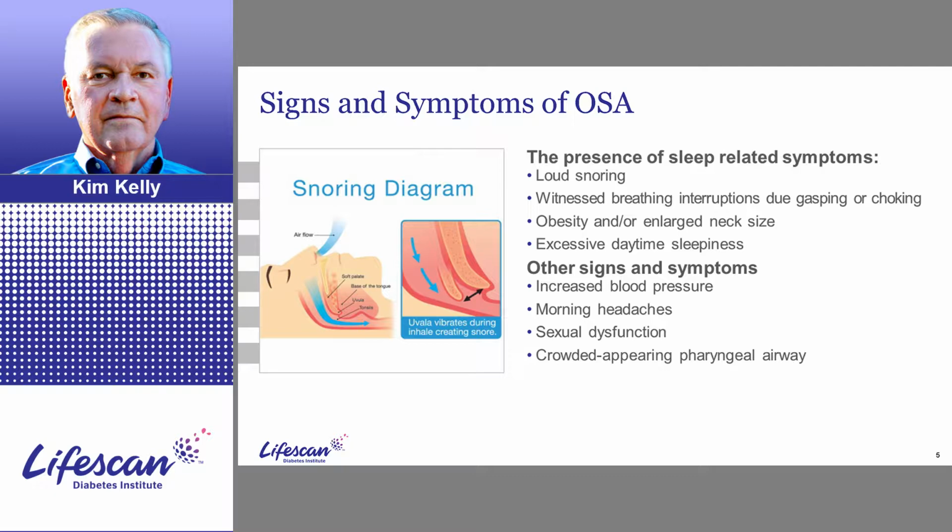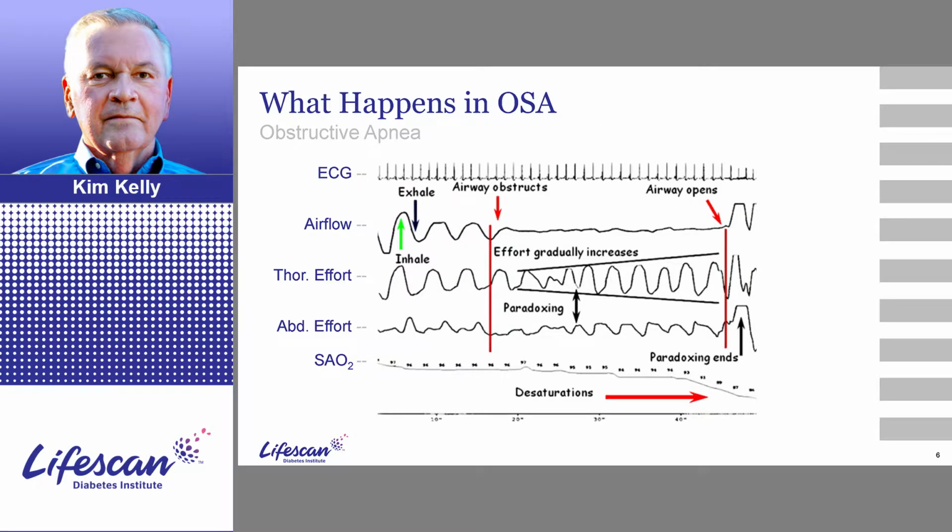And excessive daytime sleepiness, which is also used as a screening criterion. Other signs and symptoms that are not commonly associated with obstructive sleep apnea, but actually are common, are increased blood pressure, headaches in the morning when waking up, some sexual dysfunction, and if you do an oropharyngeal exam, a crowded appearing pharyngeal airway. So what happens in obstructive sleep apnea?